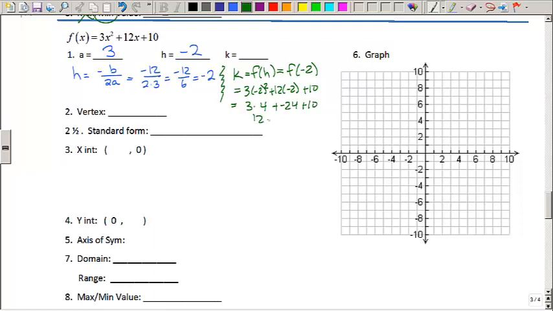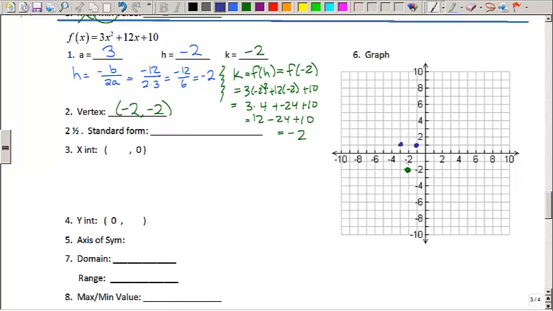So 12 minus 24 is negative 12, and negative 12 plus 10 is negative 2. So my k is negative 2. Putting my h and my k together, I'm getting a vertex of negative 2, comma negative 2. Using my a of 3, I can go right 1 and up 3, left 1 and up 3.